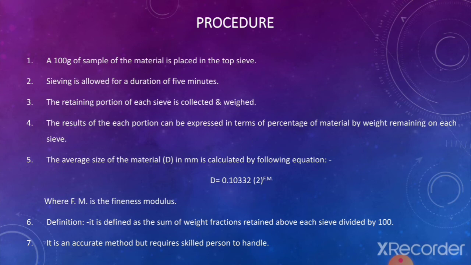So in this way, the material retained above each screen is collected and weighed. Then we add all the weights collected from each sieve, and this sum is divided by 100 to get the fineness modulus. It is an accurate method but requires a skilled person to handle.